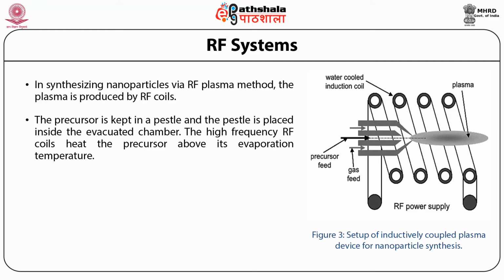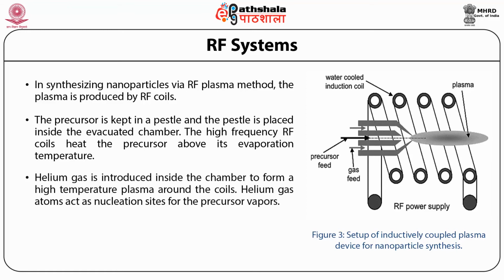The high frequency RF coils heat the precursor above its evaporation temperature. Helium gas is introduced inside the chamber to form a high temperature plasma around the coils.